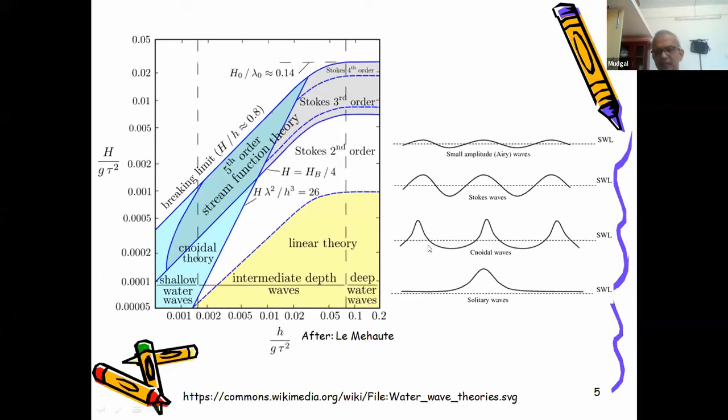So you'll see that the trough gets flattened, whereas the peak gets sharper. And further, you could also have solitary waves. So Stokes waves, sinusoidal waves, and solitary waves we would not be touching upon. So we will only talk about the small amplitude Airy waves. Okay.